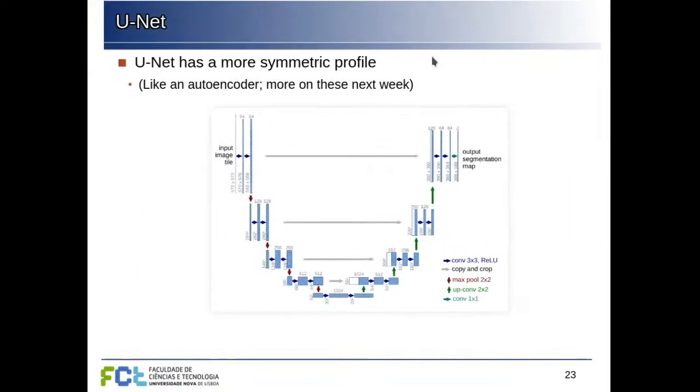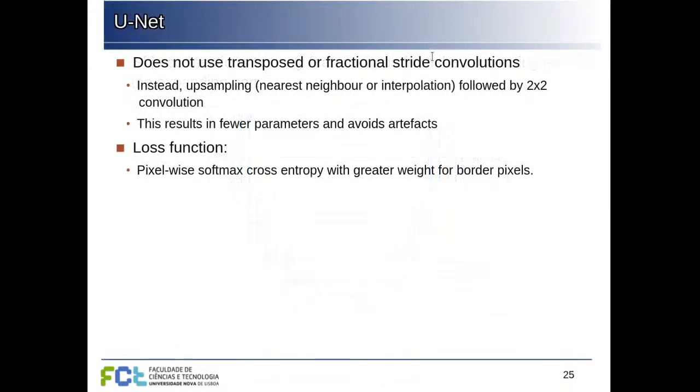This is what UNet used too, so the softmax activation for classifying all the pixels, but it also modified a bit the loss function to optimize the identification of the frontiers between the different regions. So in the training set, they identified the boundaries of all the regions in the training images and added a greater weight to those pixels.